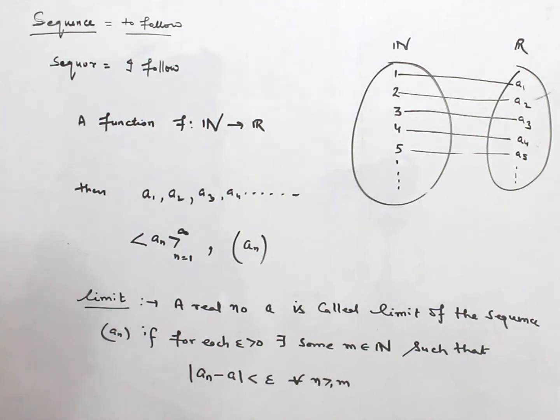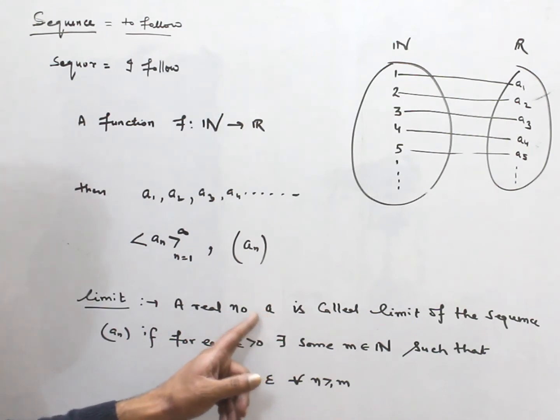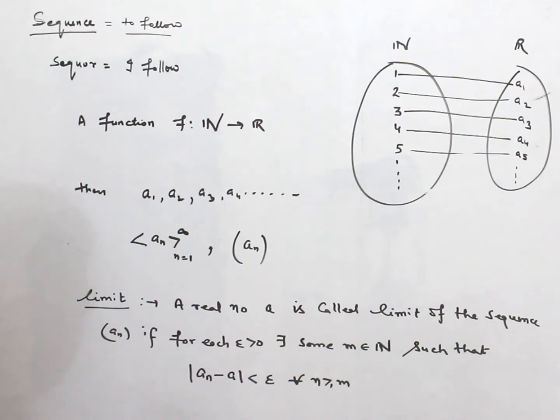In other words, if this a is a finite real number, then we say the sequence is convergent.